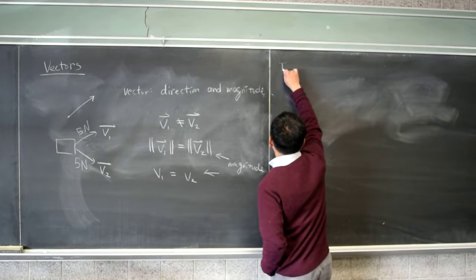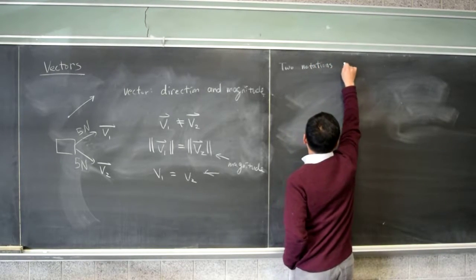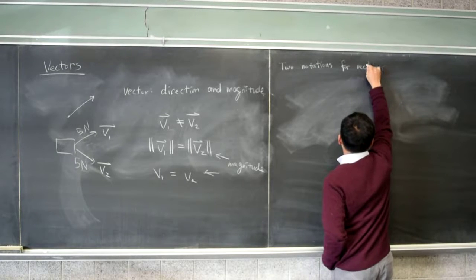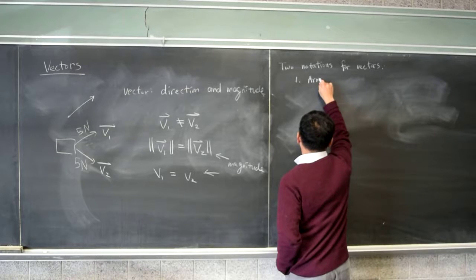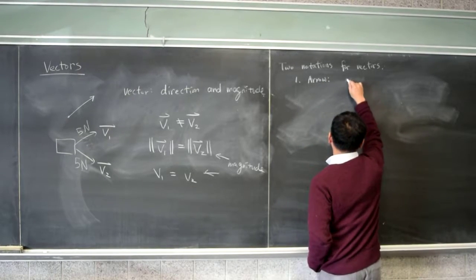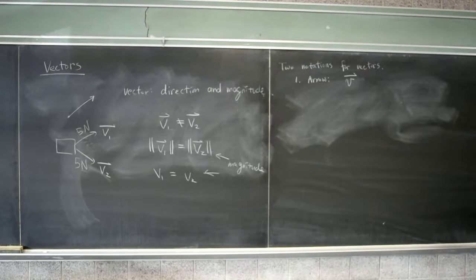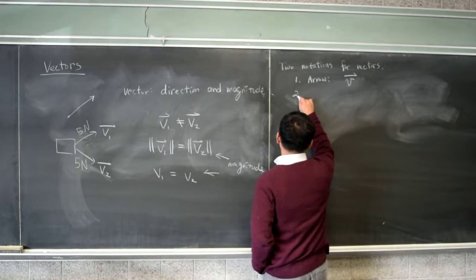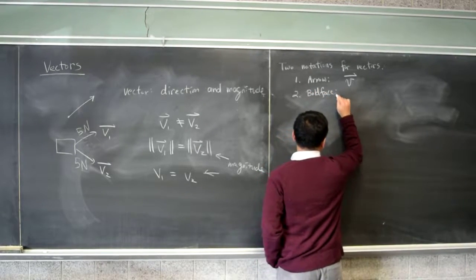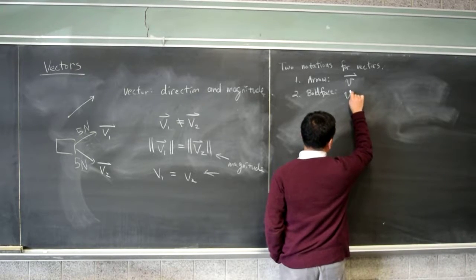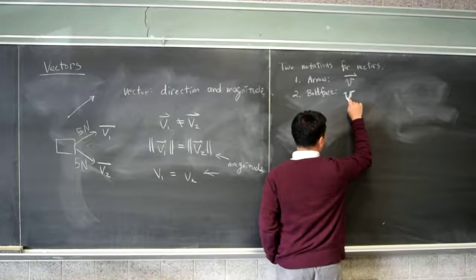One is the arrow, so you have V on top. And another one is boldface. So the letter is written as V, but with boldface. So it's thicker.